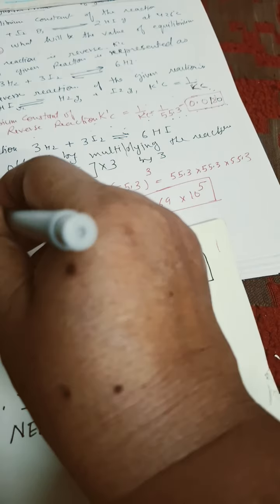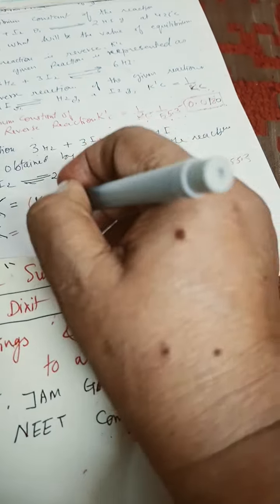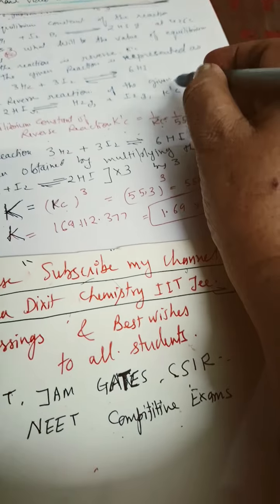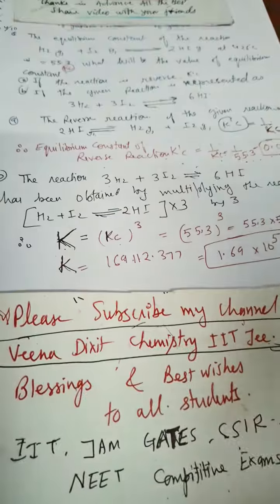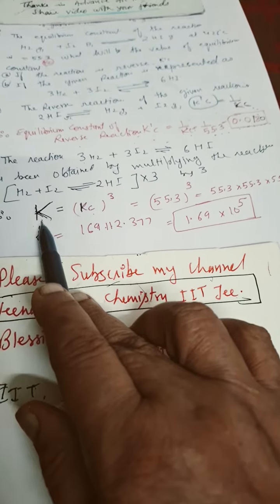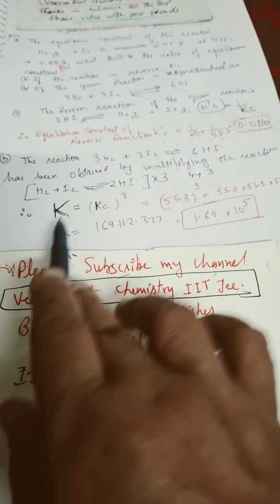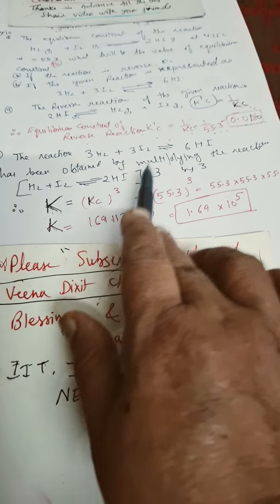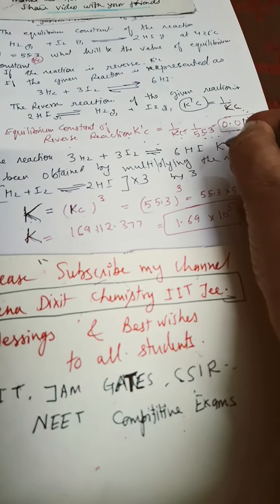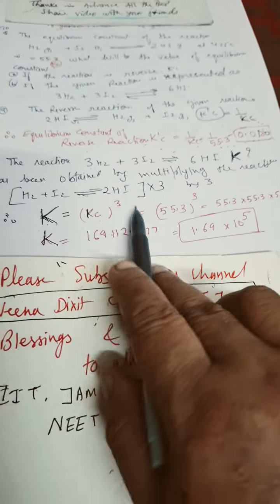Here I have given another formula, big K. There are three constants: one is Kc, second is K dash C, and third is K, bigger K. The equilibrium constant of the reaction in which we multiply the initial equation by 3 will be equal to K, capital K, which is the cube of Kc.